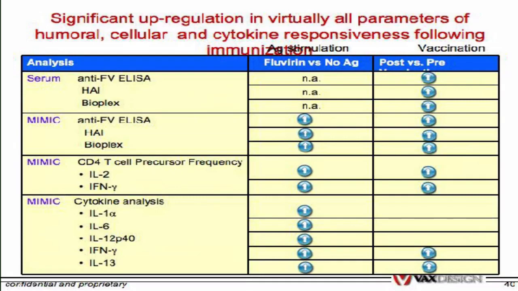Cytokine production from different donors was examined, pre and post vaccination with the influenza virus. We looked at Th2 cytokines such as IL-13, Th1 cytokines such as interferon gamma, IL-12 P40, and a whole host of inflammatory cytokines.